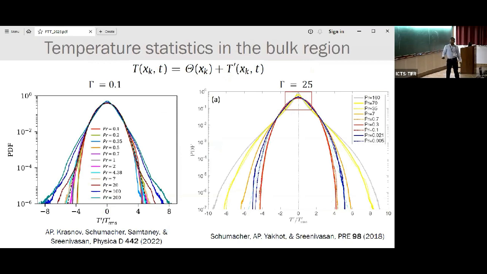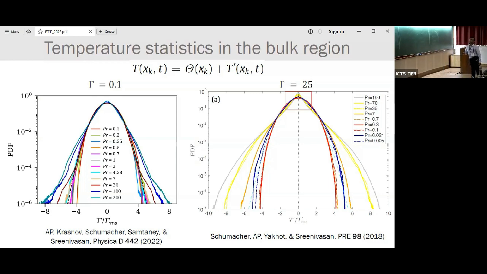Let's go further and look at the distribution of these temperature fluctuations. We are now looking at temperature fluctuations in the bulk region, far from the boundary layer. So roughly we exclude 20% at the top and 20% at the bottom, and we look at the middle layer.